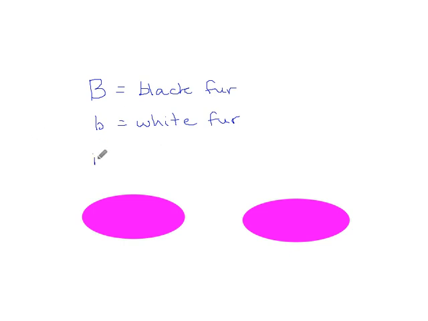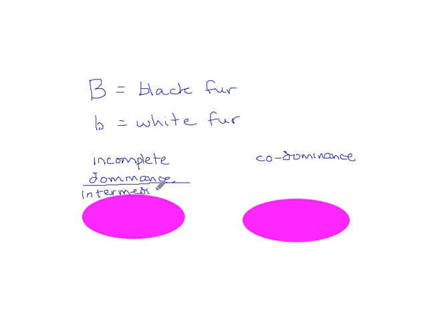One of them is called incomplete dominance, and the other one is called codominance. And I apologize for this, there's actually two names for this one. You get incomplete dominance, and sometimes it's also called intermediate dominance.